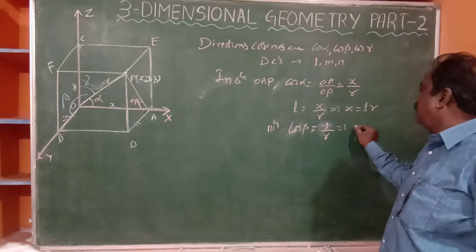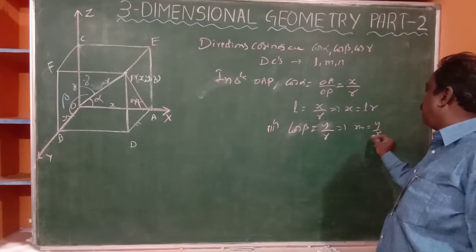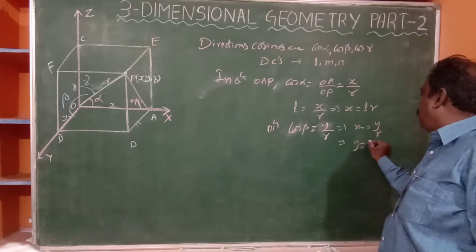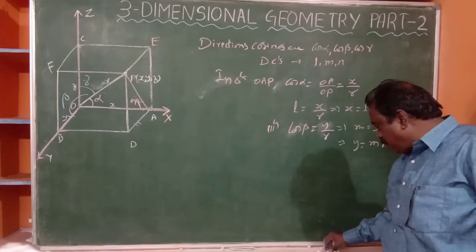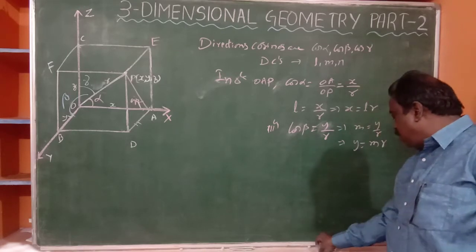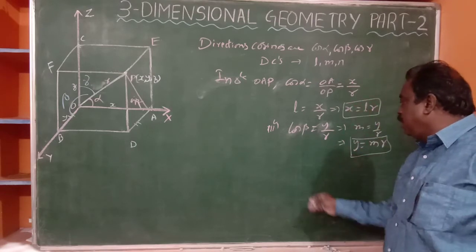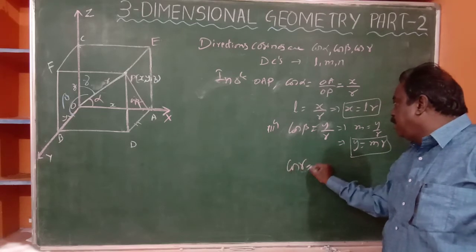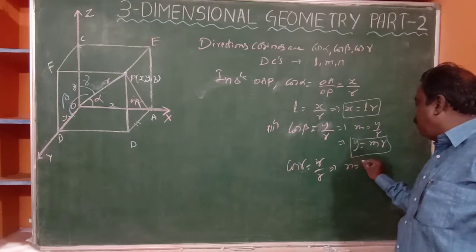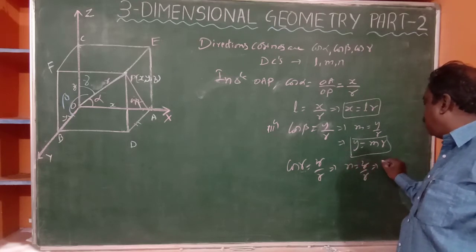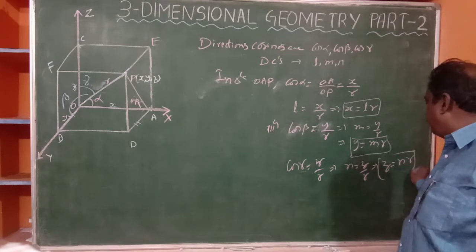That implies m is equal to y by r, so y is equal to m r. Similarly, cos gamma is z by r. That implies n is equal to z by r, so z is equal to n r. Right.